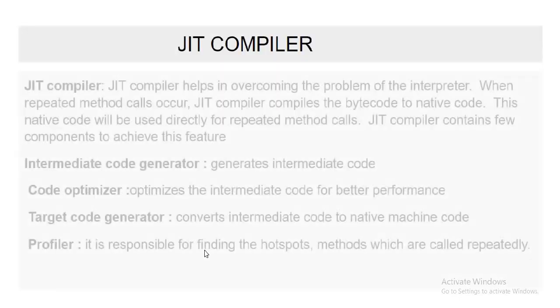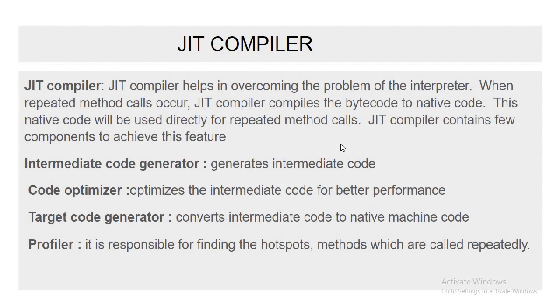The JIT compiler helps in overcoming the problem of the interpreter. When repeated method calls occur, the JIT compiler compiles the bytecode to native code, and this native code is used directly for the repeated method calls. The JIT compiler contains a few components to achieve this: intermediate code generator, code optimizer, target code generator, and profiler.